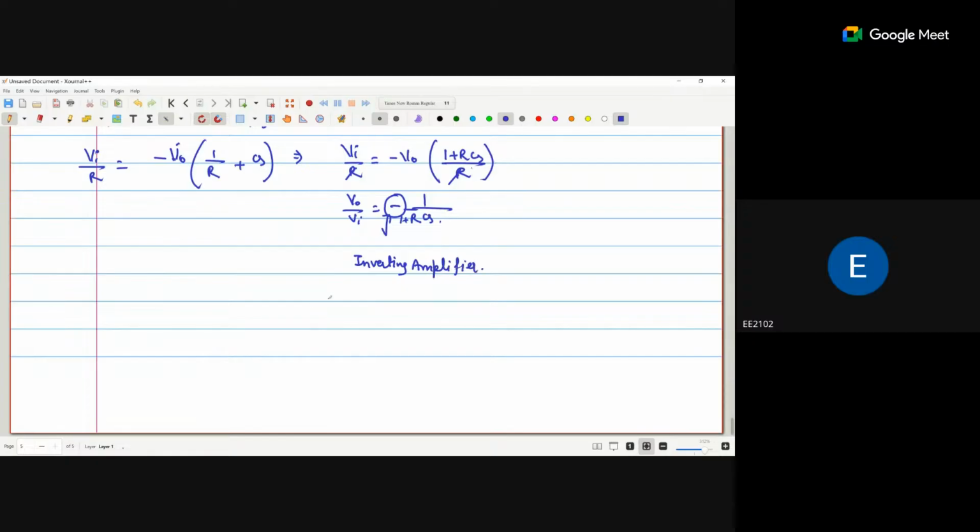But if we are talking about the gain, V naught upon Vi, that is nothing but 1 upon 1 plus RCS, if we are talking only about the magnitude. The magnitude will be the same, but the minus sign is because of the inverting amplifier. There is a phase shift of 180 degrees given by the operation.